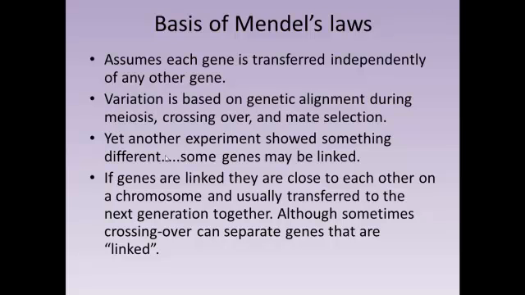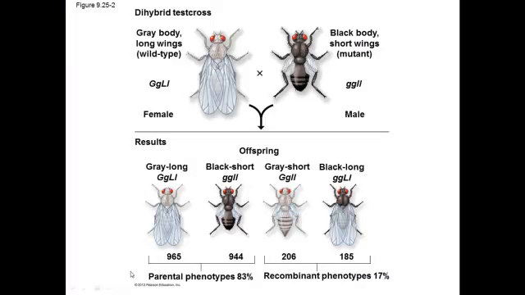Another thing that may happen is that many traits are observed to be transferred together. This graph shows where this particular individual more frequently found offspring, when he crossed heterozygous with homozygous, that looked just like the P1 generation. The F1 generation would exhibit similar traits to the P1.